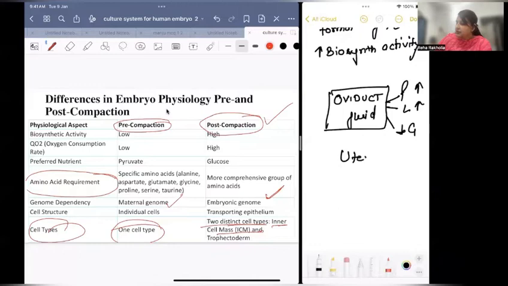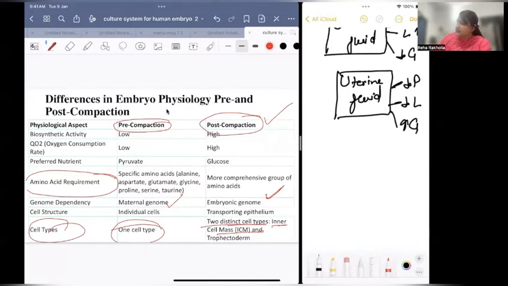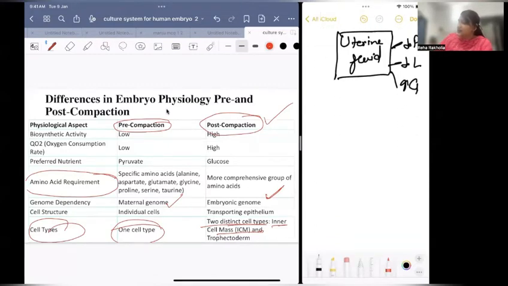Uterine fluid contains low pyruvate, low lactate, and high glucose. So whatever the requirement is, they are changing. In vivo also, it changes according to the requirement of the embryo.